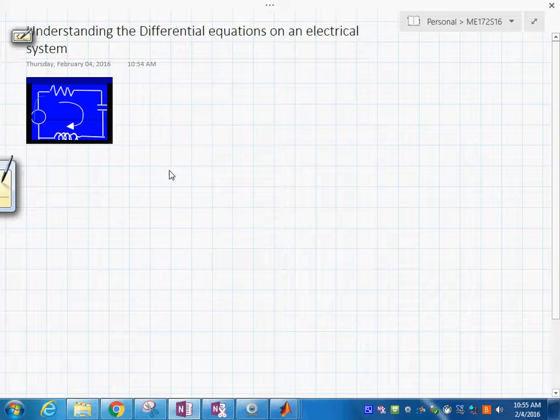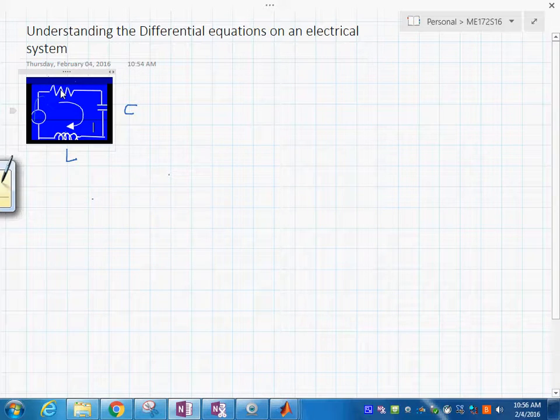Let's make some annotations that allow us to understand the system a little better. This is a C element, this is the inductor here, and we have the resistive element in here.